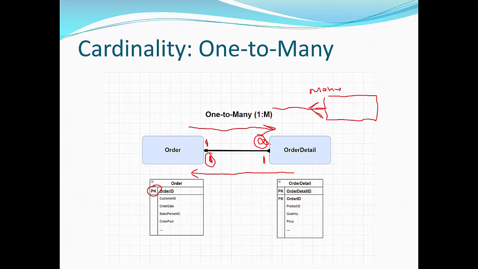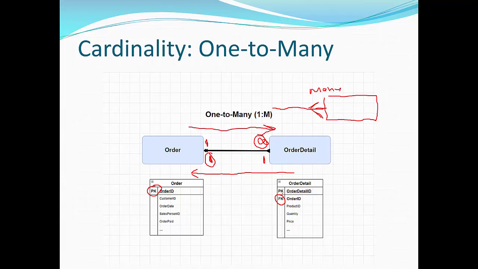And so because the second entity is the many, this order ID primary key would have to be implemented in the second entity as the foreign key. And that is how we will be able to track your shopping cart with every item that is inside it. Because now we have the primary key on the one side and the foreign key on the many side.